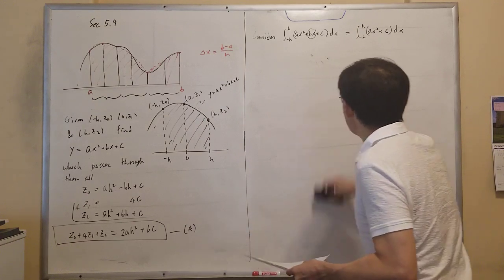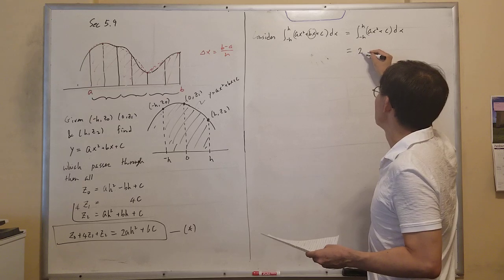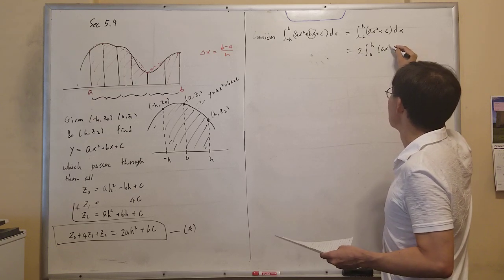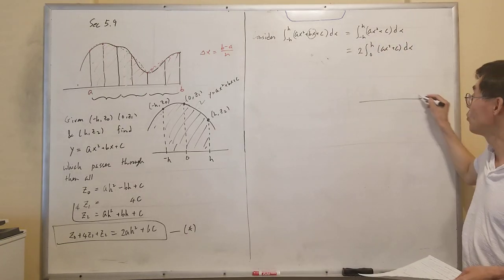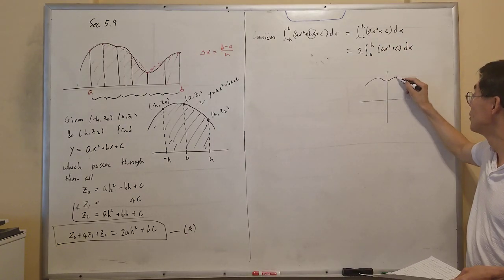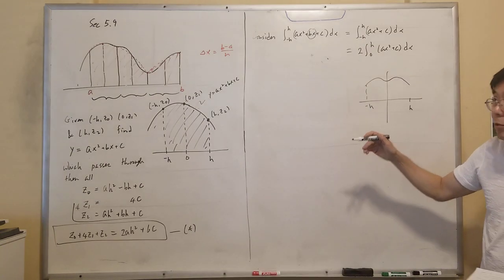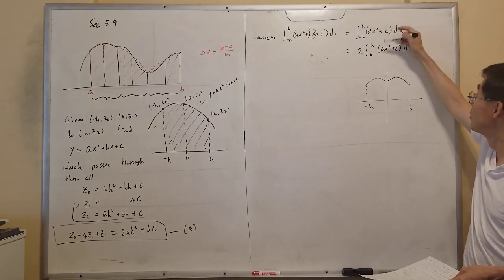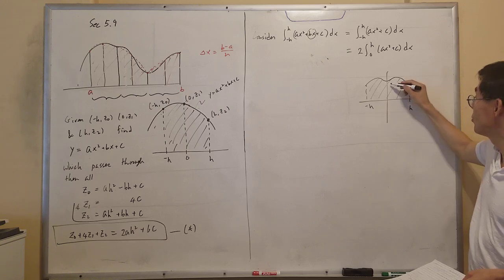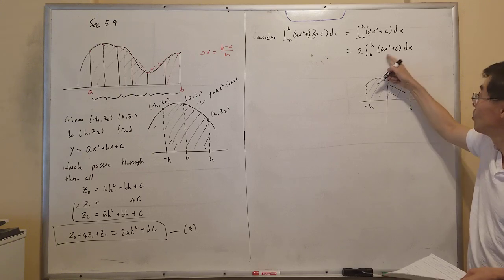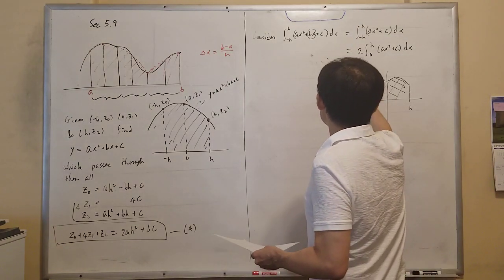And then this one is an even function, so it is just 2 times the integral from 0 to h. When you have an even function, symmetric with respect to the y-axis, the definite integral from minus h to h is just the integral from 0 to h twice.